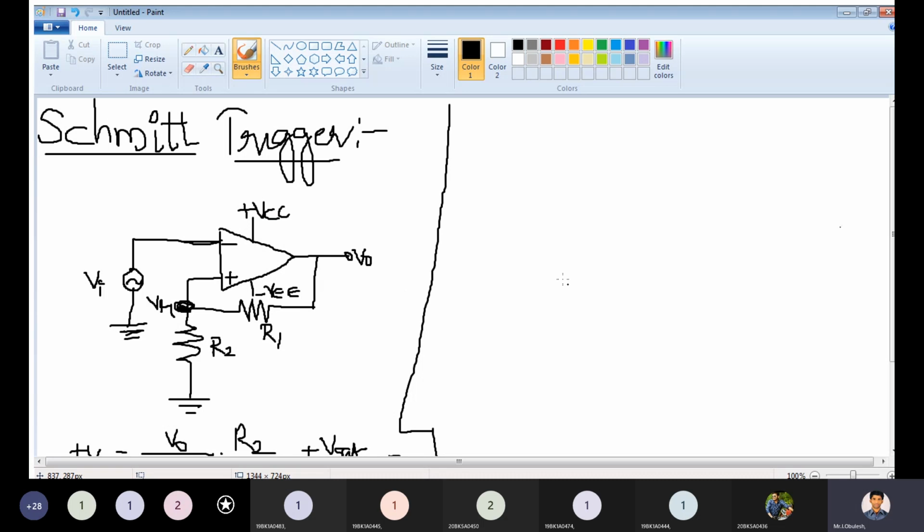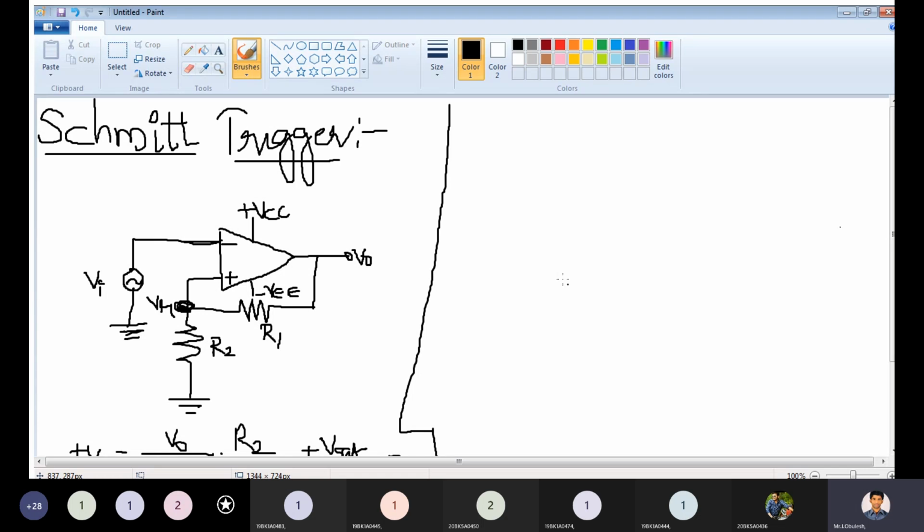Okay, so therefore plus V reference, positive V reference, is for positive saturation. When V naught is equal to positive V saturation, it is called the upper threshold voltage, VUT.